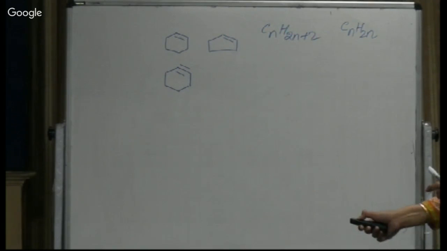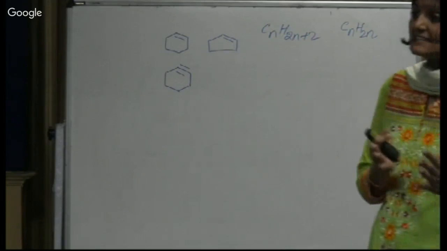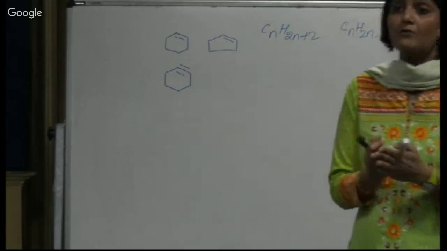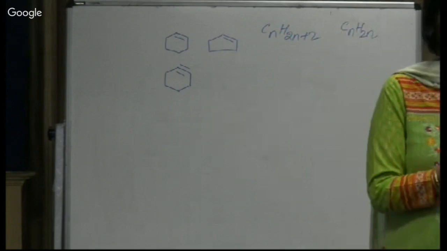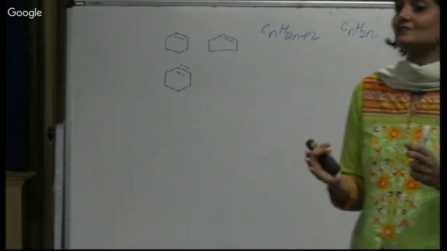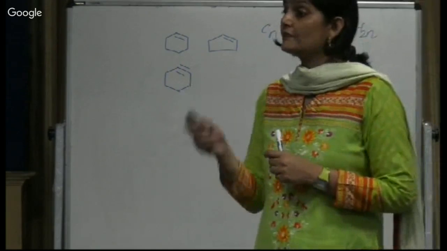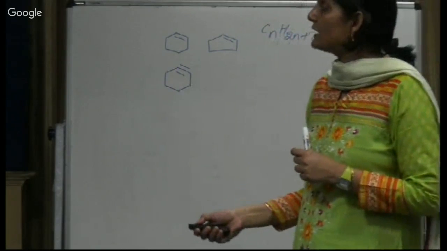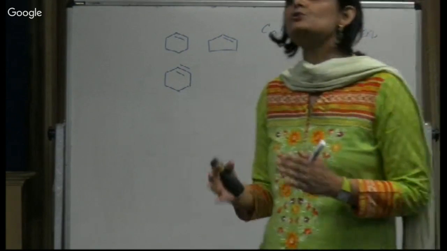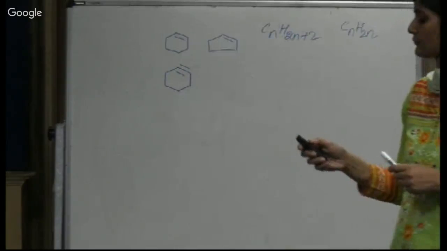The word paraffin comes from two words, parum, which means less, and affinis, which means reactive. These compounds are very less reactive. In fact, they do not show any reactivity under normal conditions of temperature and pressure. However, we will see today that at higher temperature and pressure conditions, these alkanes do show some reactions. All right. Next slide.